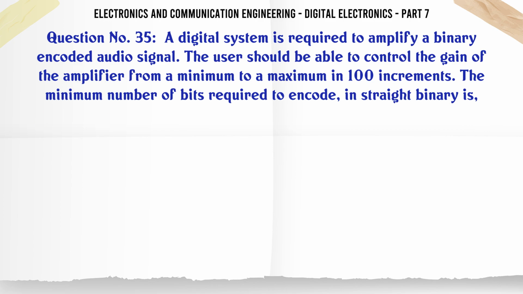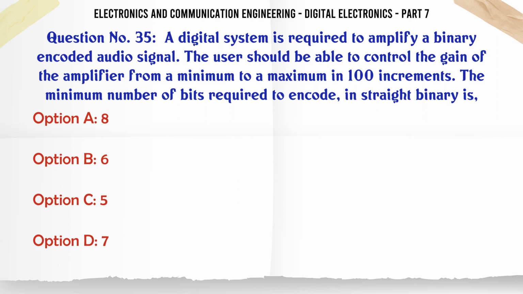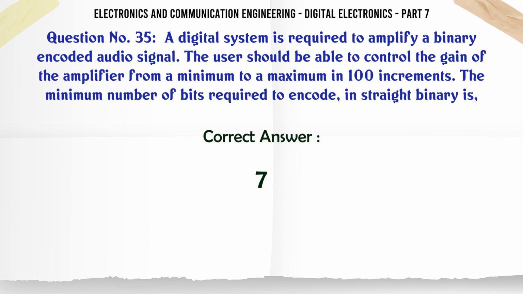A digital system is required to amplify a binary encoded audio signal. The user should be able to control the gain of the amplifier from a minimum to a maximum in 100 increments. The minimum number of bits required to encode in straight binary is: A) 8, B) 6, C) 5, D) 7. The correct answer is 7.